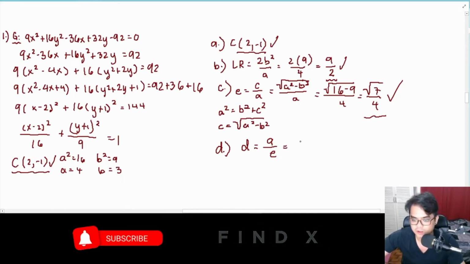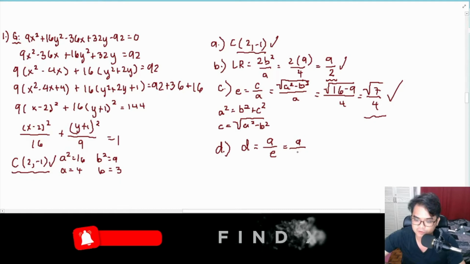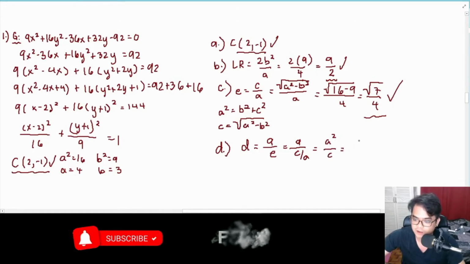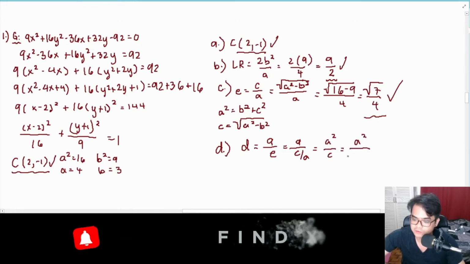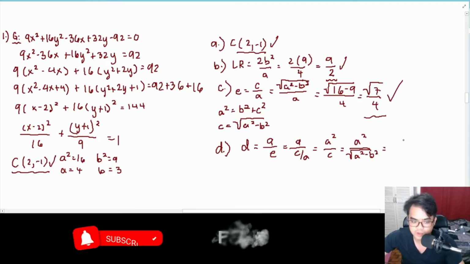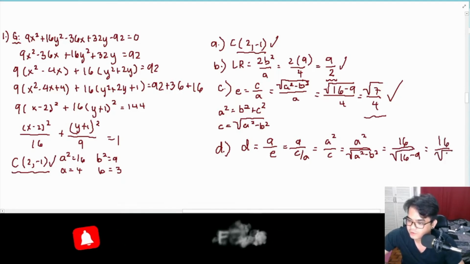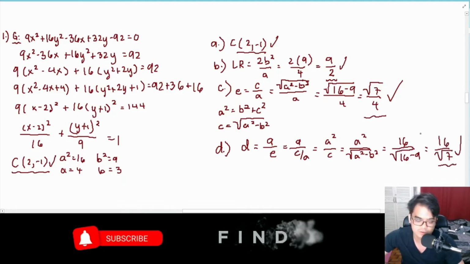So a over e, but we can change e because e is equal to c over a. So rewriting this one, you'll have a squared over c. But c is equal to the square root of a squared minus b squared, right? So a squared is 16, and this will be the square root of 16 minus 9. So this is 16 over square root of 7. And this will be your answer. Okay.